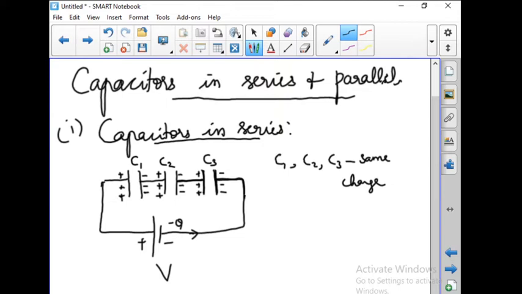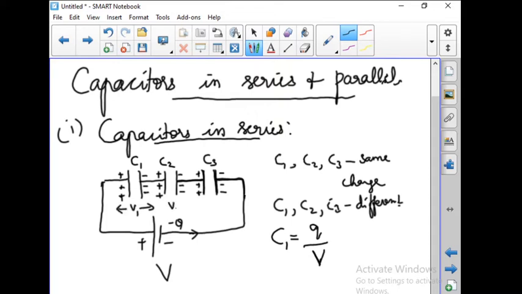The capacitances are different, so the voltage across each capacitor varies, because we know C is equal to Q by V. If the C value varies, what happens to the V value? It also varies. So we have different potential differences across the capacitors, represented as V1, V2 and V3.